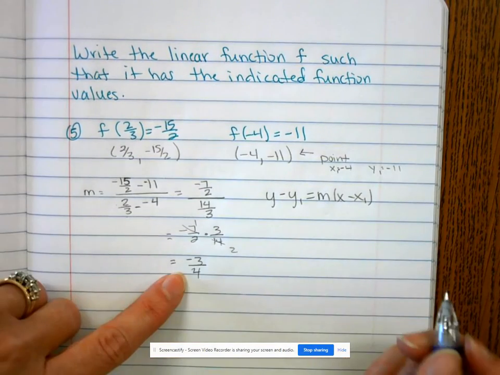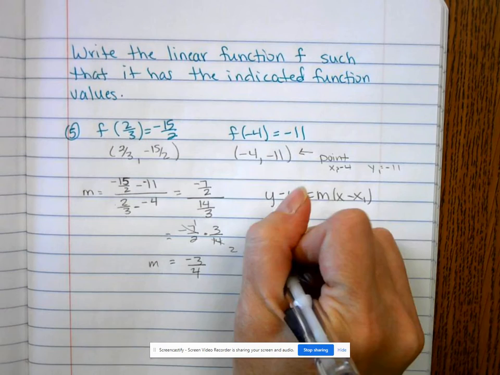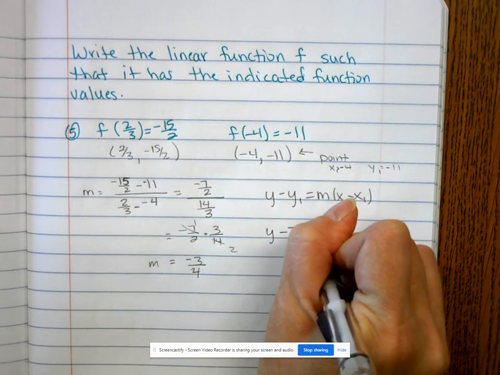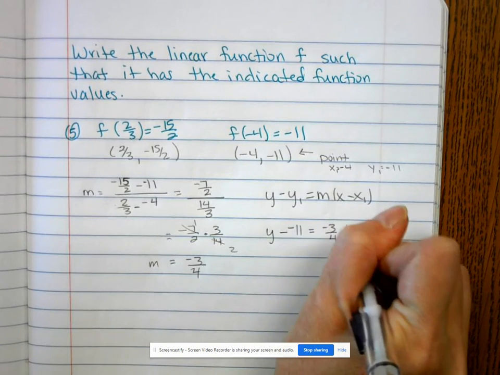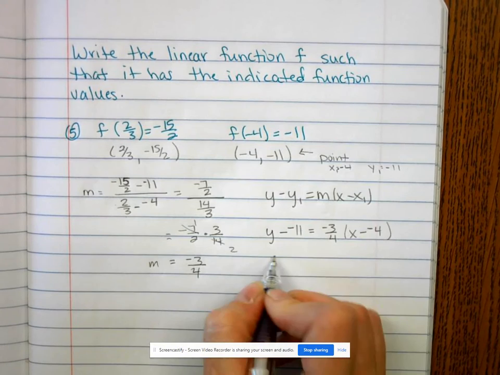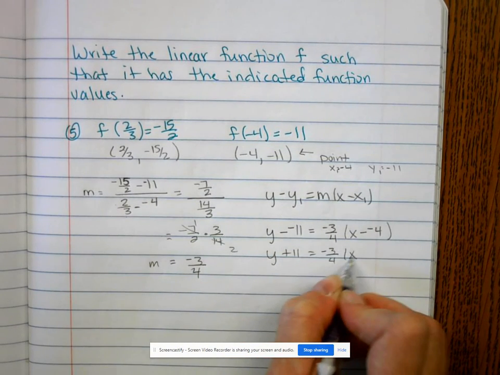All right, so I have my m, my x1 and my y1, so I can plug in. So we have y minus negative 11 equals negative 3/4, and then x minus negative 4. So this is y plus 11 equals negative 3/4, x plus 4.